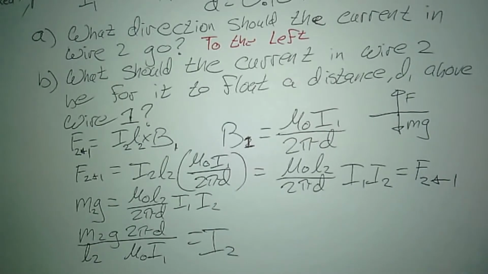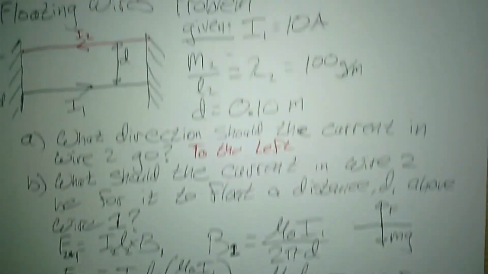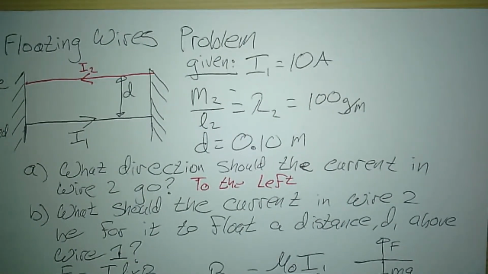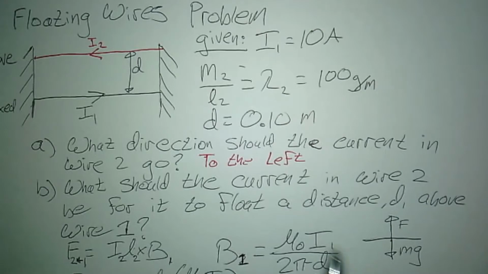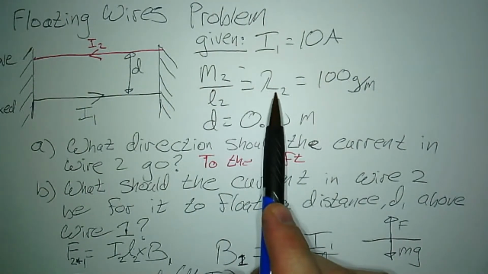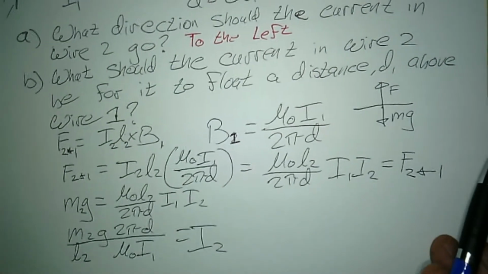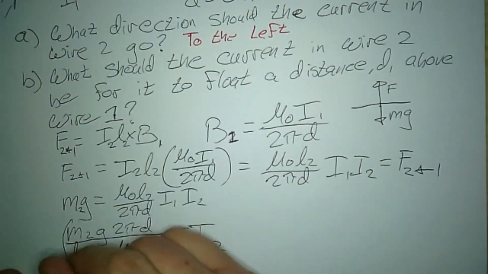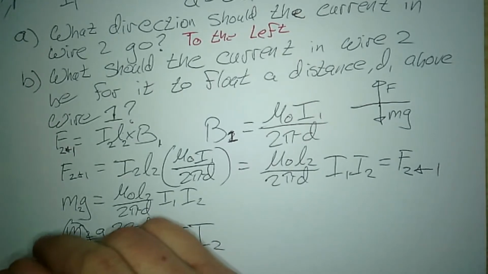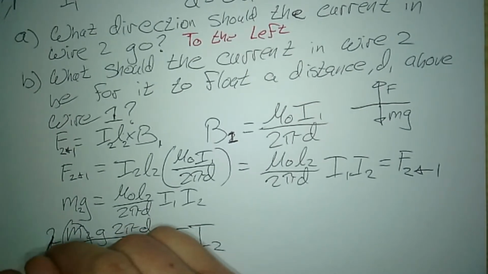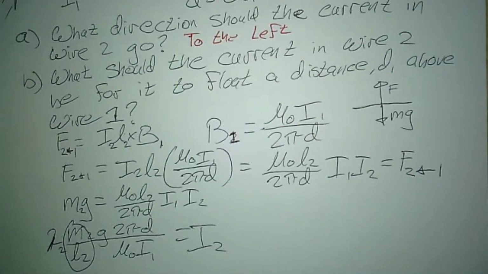Yes, individually they're unknowns, but what was given in the problem? The given in the problem was actually the linear density, or M2 over L. So slide that back up. We actually know this term is lambda, lambda 2. So that's a given term.